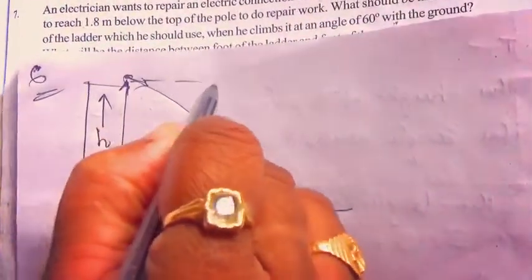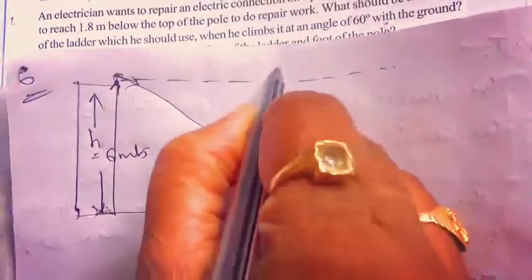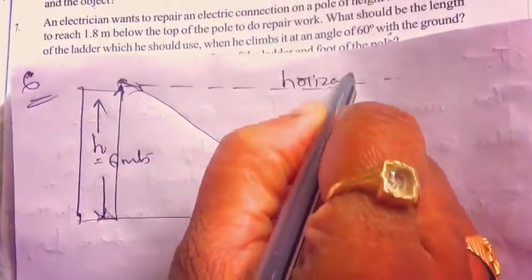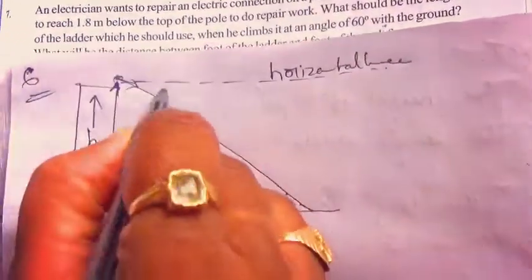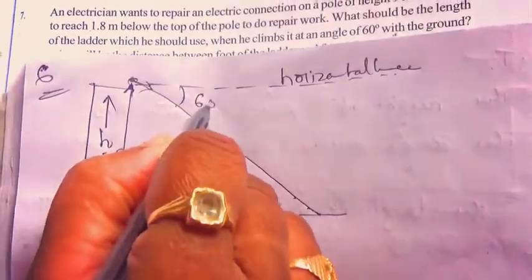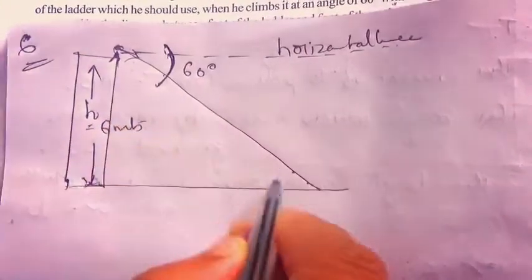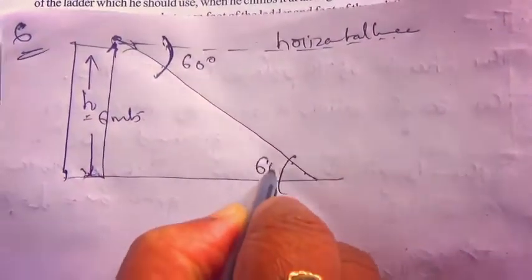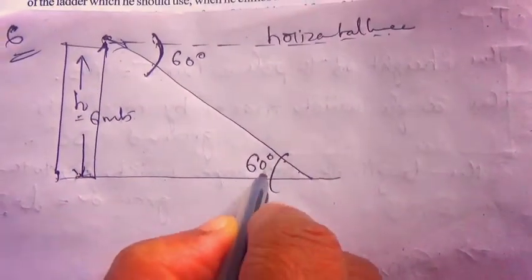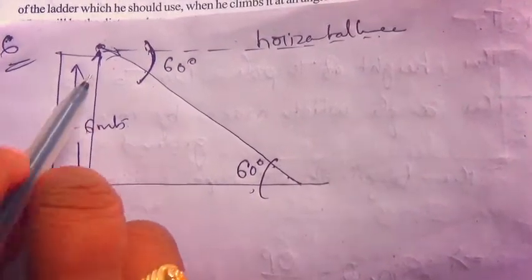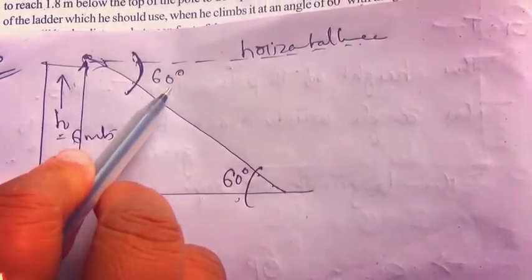Here, look at here, it is a horizontal line. So the angle of depression is 60 degrees. According to the alternate angles, it gives the 60 degrees of angle, right? With this height of 6 meters, it makes the angle of depression, that is 60 degrees.